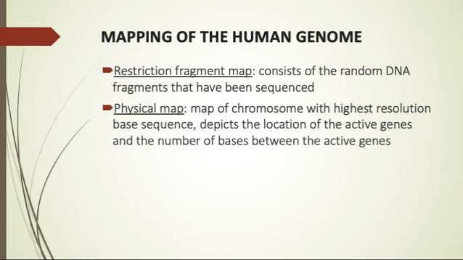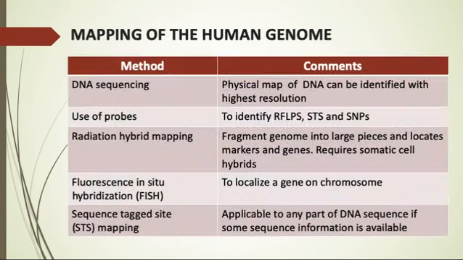Next we'll go on to the different methods by which gene mapping can be done. You have DNA sequencing, where a physical map of the DNA can be identified with the highest resolution. Then you have the use of probes, that is the RFLPs, STS and SNPs. And then you have radiation hybrid mapping, which fragments the genome into large pieces and locates the markers and the genes, and it requires somatic cell hybrids.